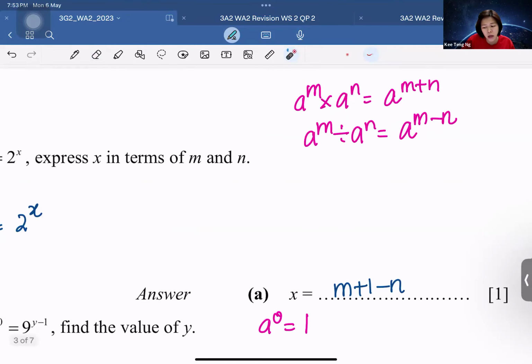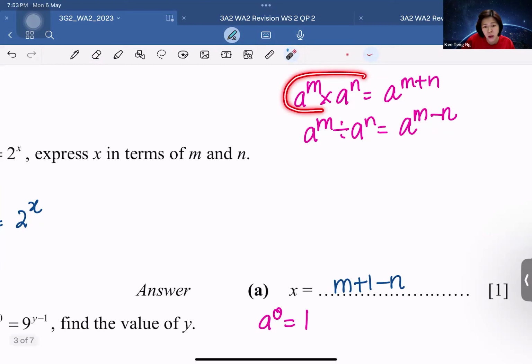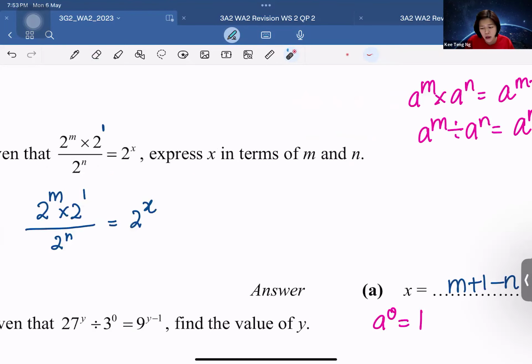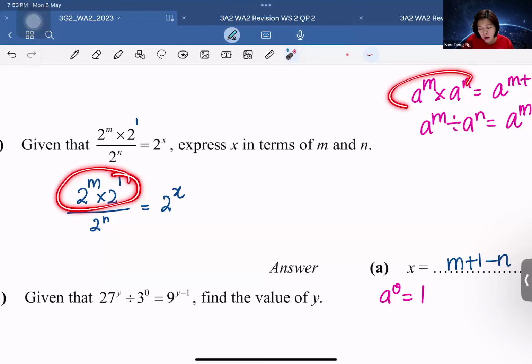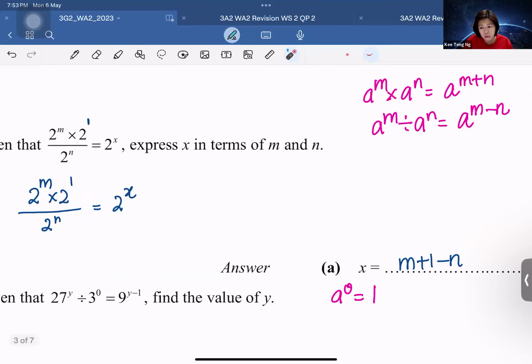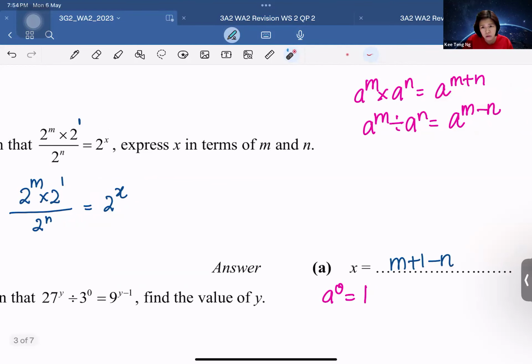Just now I highlighted it. Bear with me for a while, okay? Here, check, read.